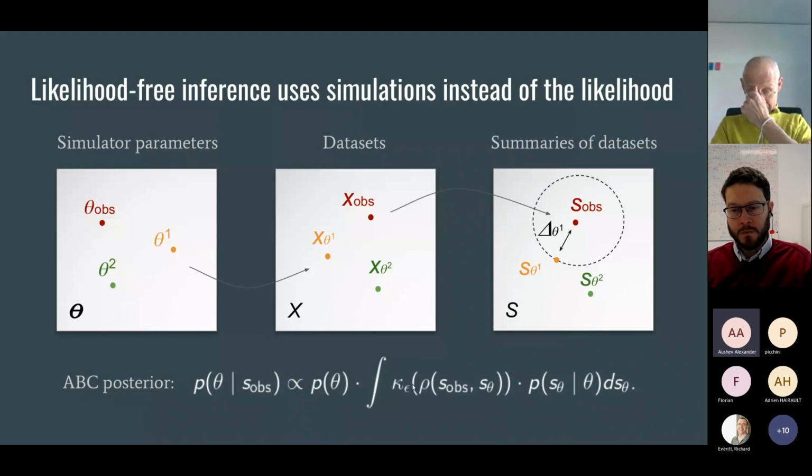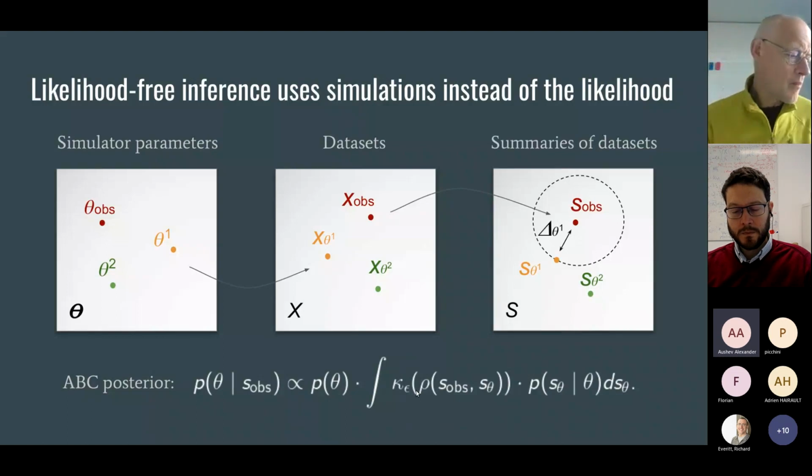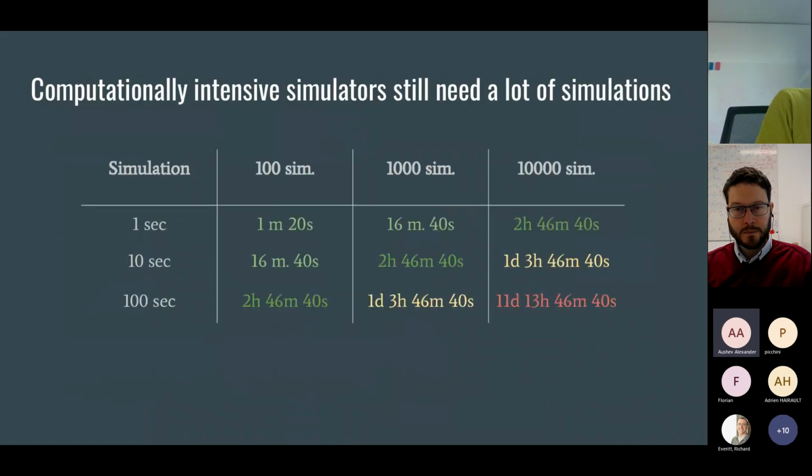Kappa epsilon here is some kind of smoothing kernel. P of s theta given theta is the simulator that we sample. And the role of this epsilon is essentially the bandwidth of the kernel, and it acts as some kind of acceptance-rejection threshold.